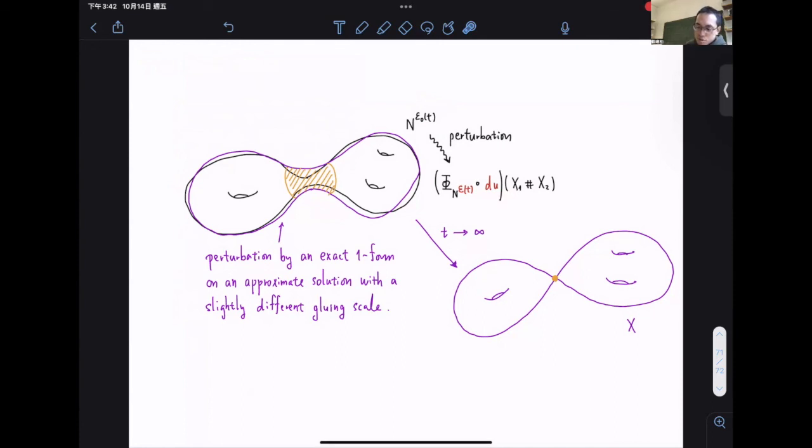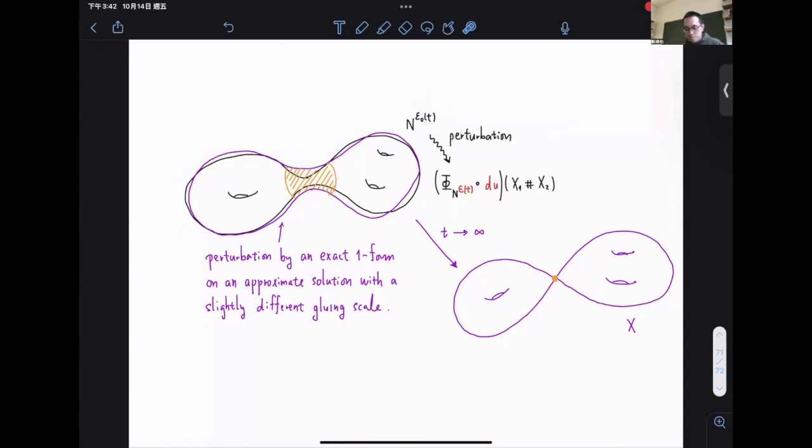Also, we need to perturb the scale epsilon naught to some epsilon(t) close to epsilon naught, such that this perturbed submanifold satisfies the Lagrangian mean curvature flow. And since epsilon(t) is roughly the scale of this neck region, we see that as t goes to infinity, this neck region pinches to a point.